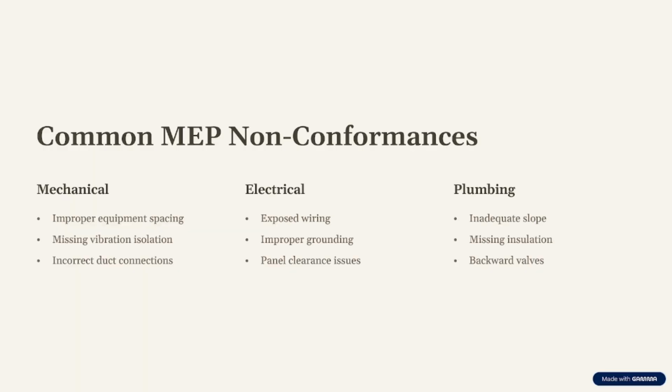The common MEP non-conformances. From my 10 years of experience, these are very common NCRs in every project. If you find these common mistakes in your project and take immediate action, they will be avoided in your future projects. For mechanical, it is the spacing of the pipe.